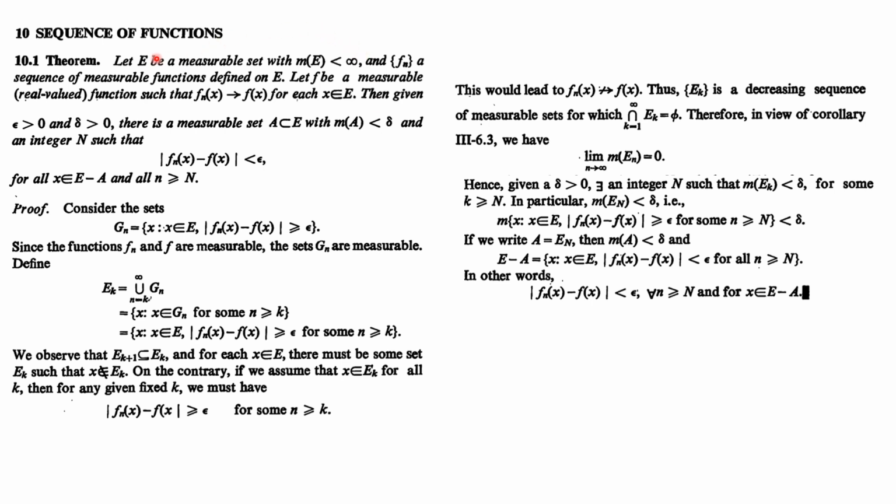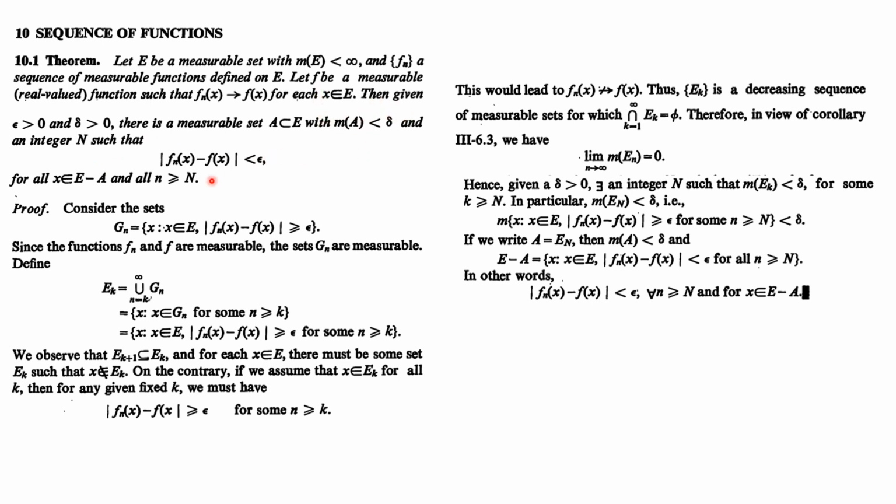So whenever we have a measurable set with finite measure and a sequence of measurable functions converging pointwise to a measurable function, then we always have a set E minus A where the sequence converges uniformly, with the condition that the measure of A is very small.